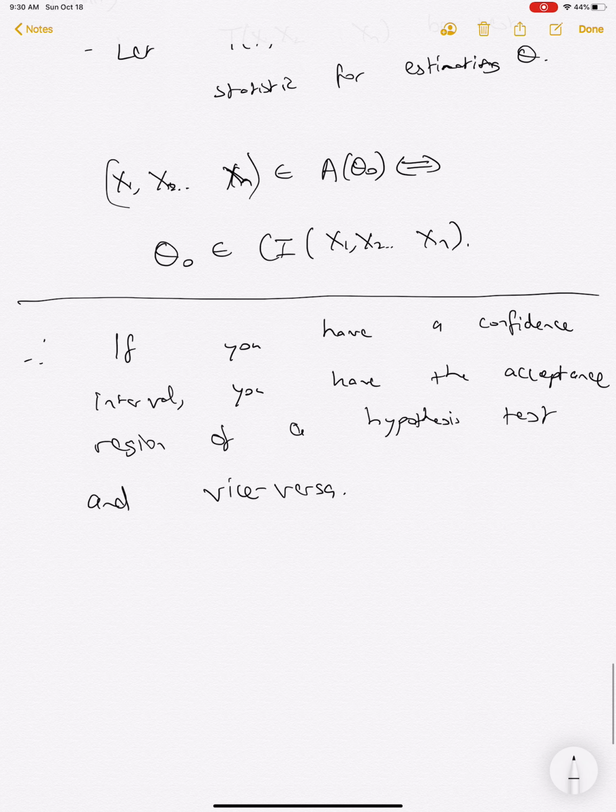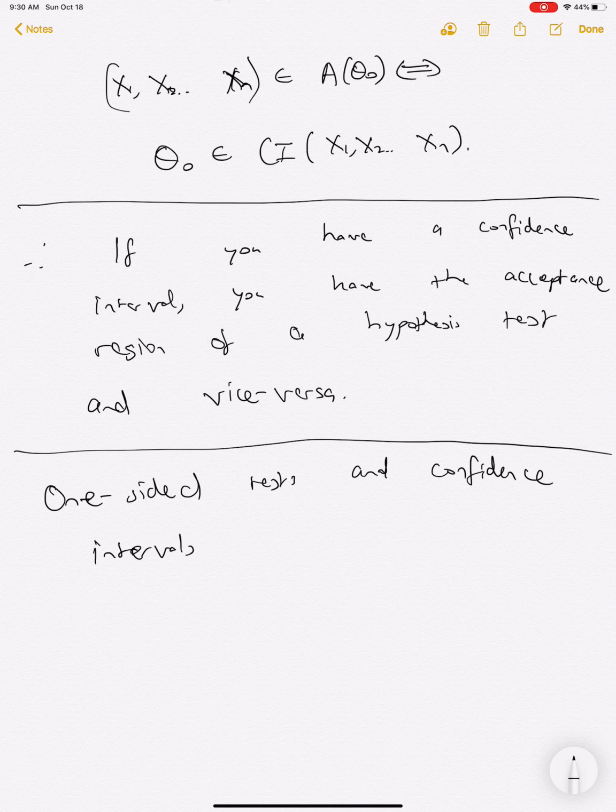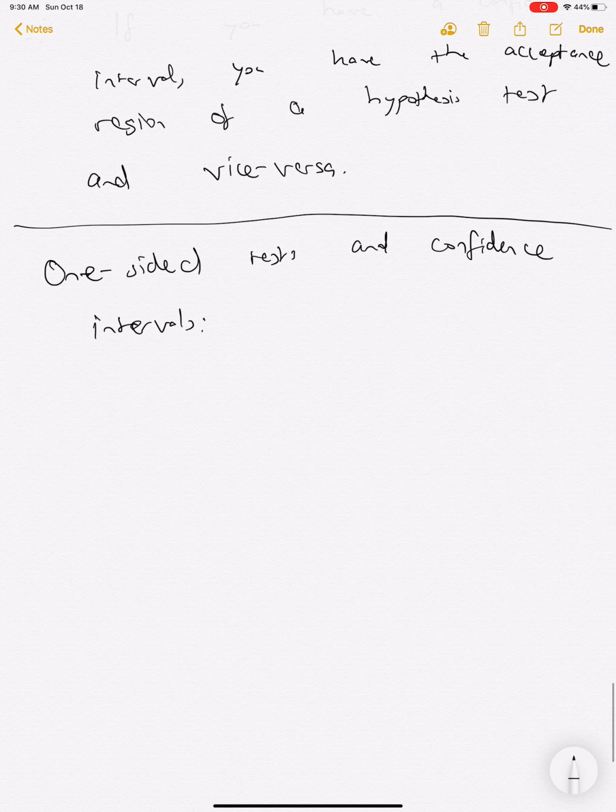This also naturally leads to the next notion that we're going to talk about, which is one-sided tests and confidence intervals. So now you should be starting to think about hypothesis tests and confidence intervals as one and the same thing, because as we've seen, there's this very nice duality between them.